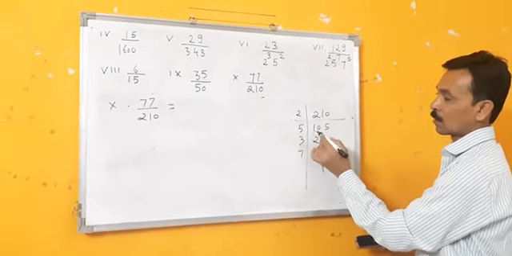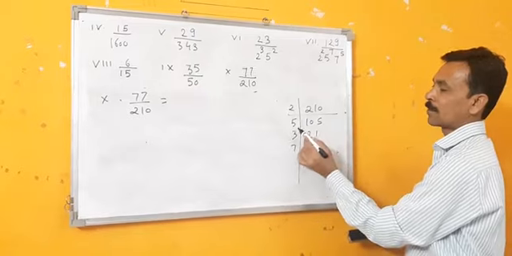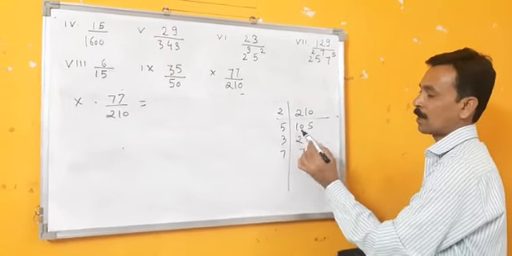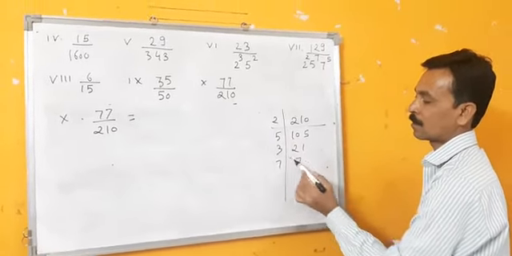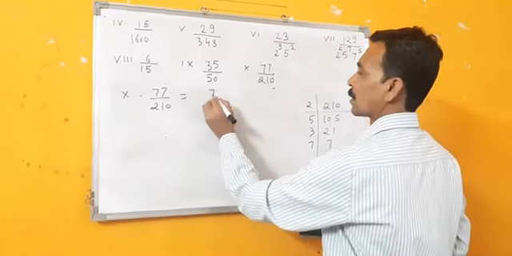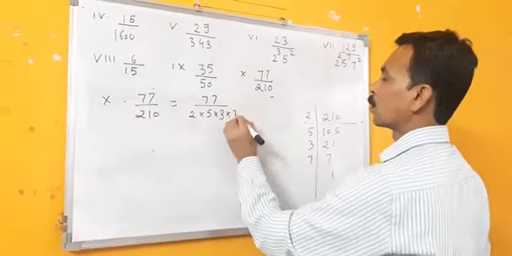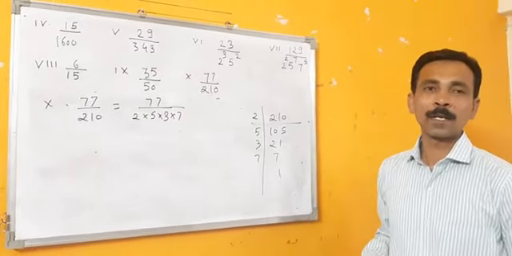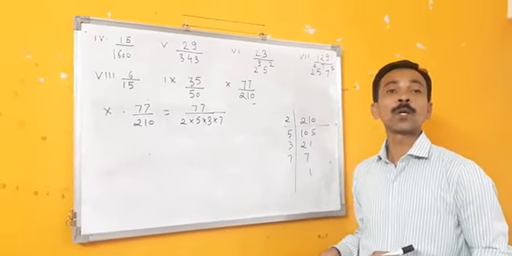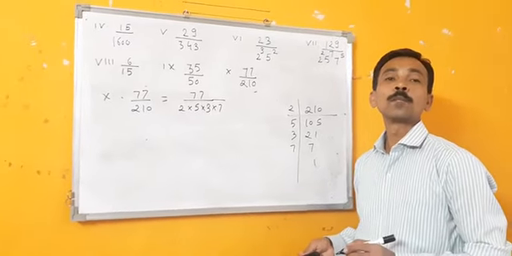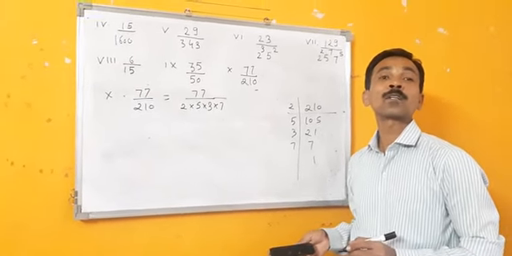Let's again see. 105 into 2 is 210. If you divide 105 by 5, 5 2s are 10, 5 1s are 5, 3 7s are. So what is left? 77 upon 2 into 5 into 3 into 7. Look at the denominator. Is it of the form 2 raised to n into 5 raised to n? No. Because there are other factors other than 2 and 5.